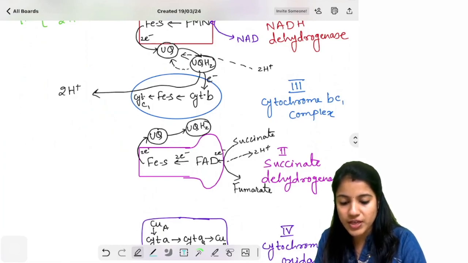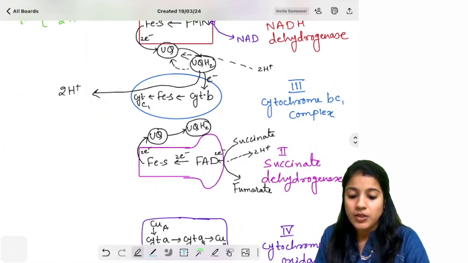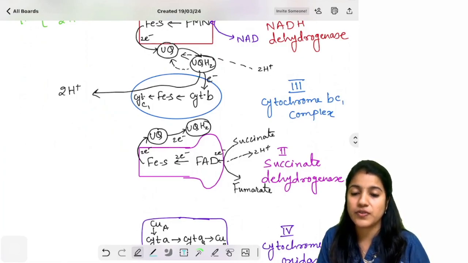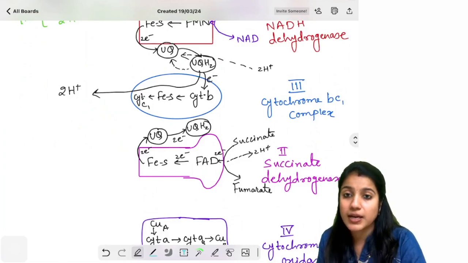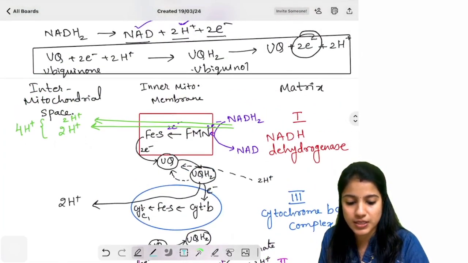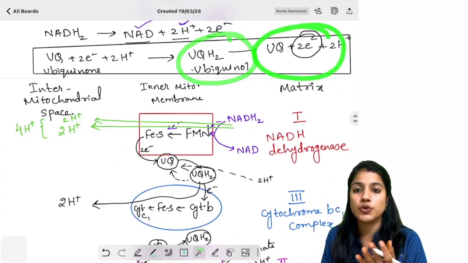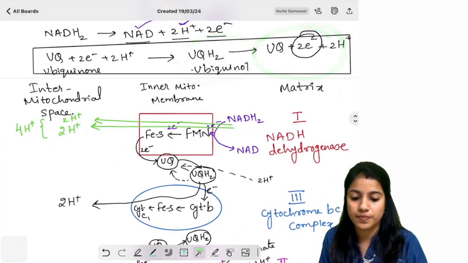So from FeS it got 2 electrons to ubiquinol. But as it cannot remain in its state for larger period of time, it will give you back ubiquinone. 2 electrons back will be formed. Same process like this, right? Like this here, it got back converted into UQ plus 2 electrons plus 2 protons.